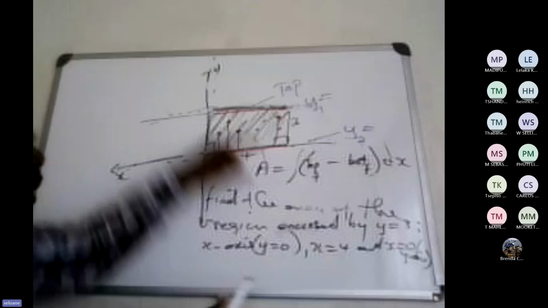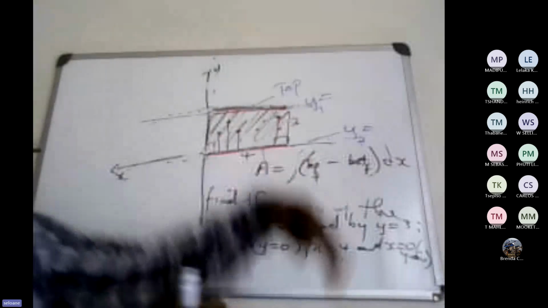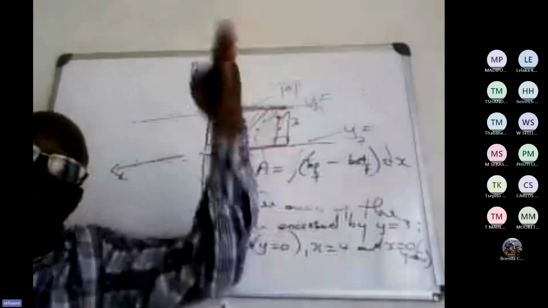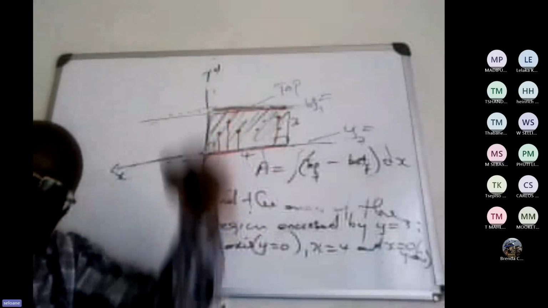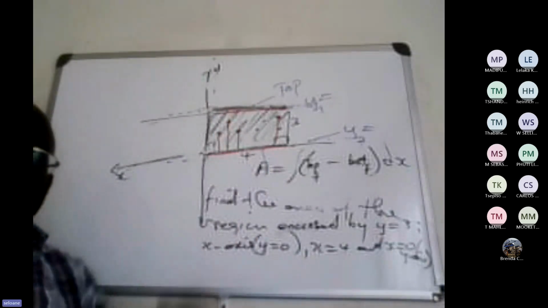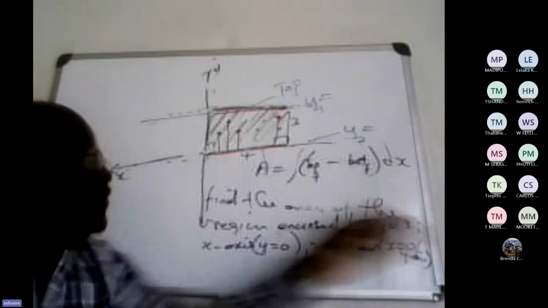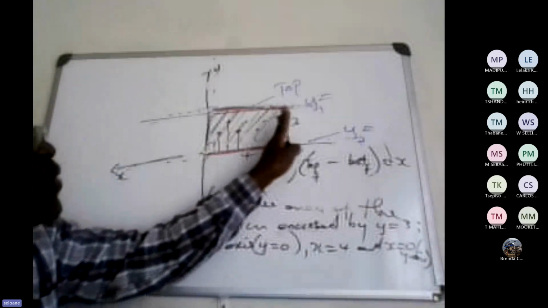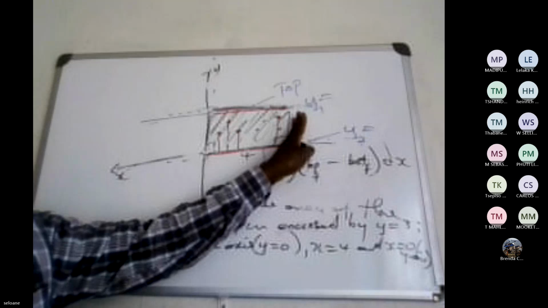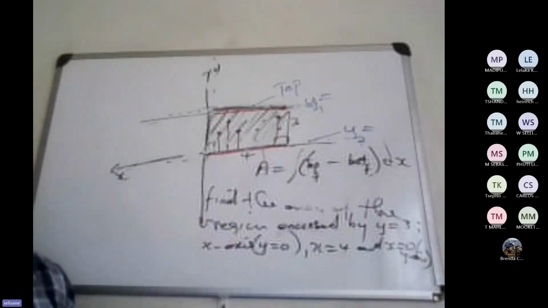Then we are going to say, this region is enclosed by which two vertical lines? It runs from which value of x on the left until which value of x on the right side?